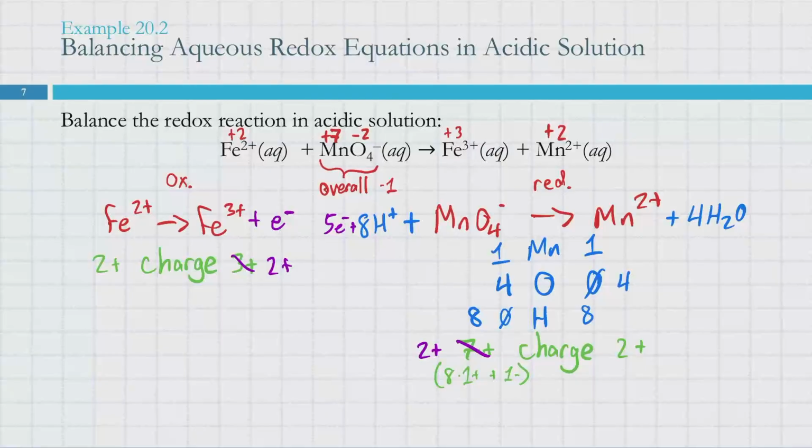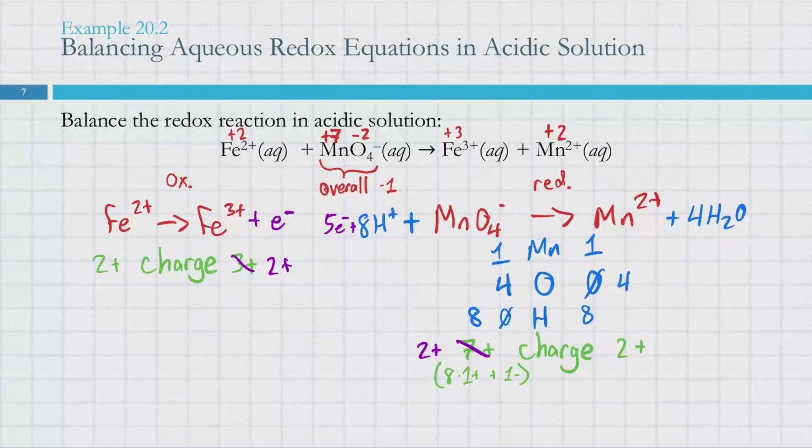And now we have to get ready for merging these two together. So we get to do some multiplication. We need our number of electrons to be equal. In our manganese half reaction, our reduction half reaction, we've got 5 electrons. We've got 1 electron in our oxidation reaction. Fortunately for us, that means we can just multiply our oxidation half reaction by 5 to get up to 5 electrons.